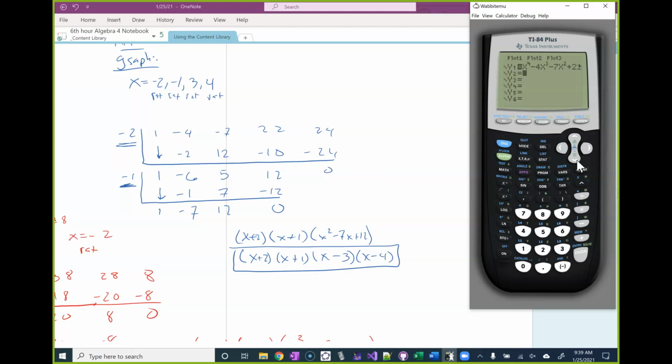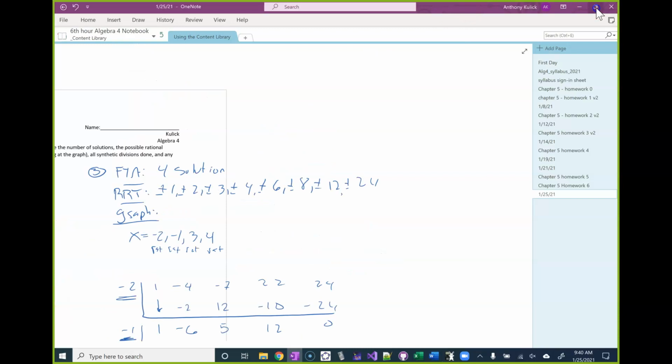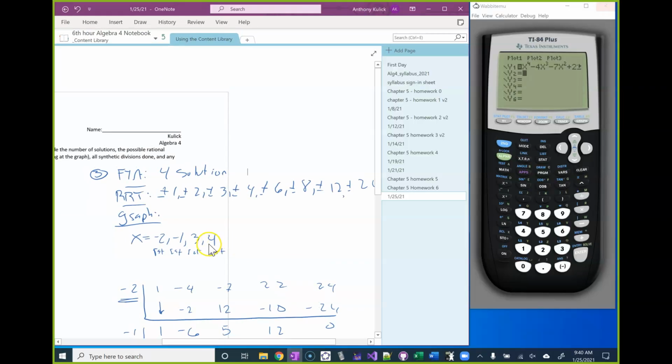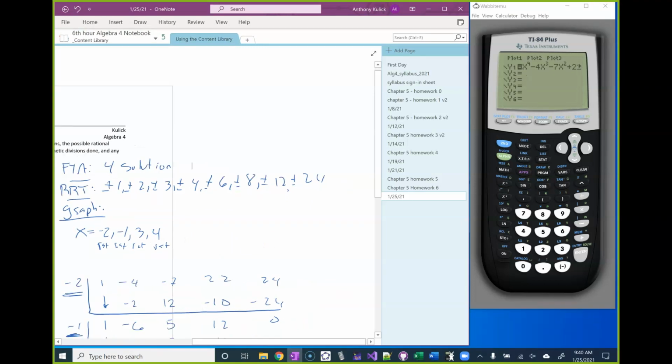The part of the graph that I care about is the x-intercepts between negative 24 and positive 24. Because those are the things that I could use to do the synthetic division with, the rational numbers between negative 24 and positive 24.